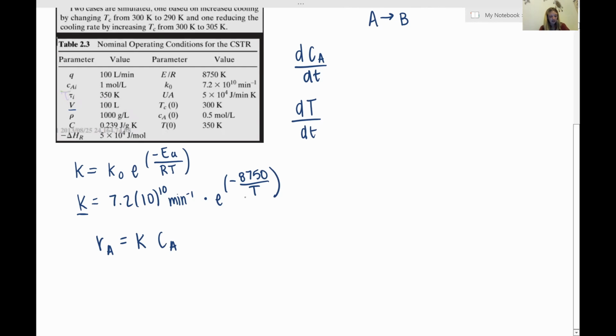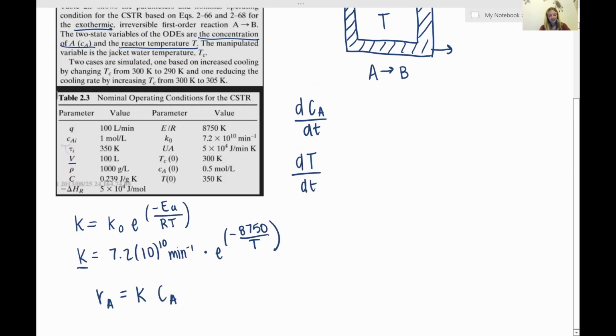And again, it's going to be dependent on temperature. You're probably wondering how that can be dependent on temperature when we use the rate for A in this equation, and we also have this other differential equation that's dependent on temperature.